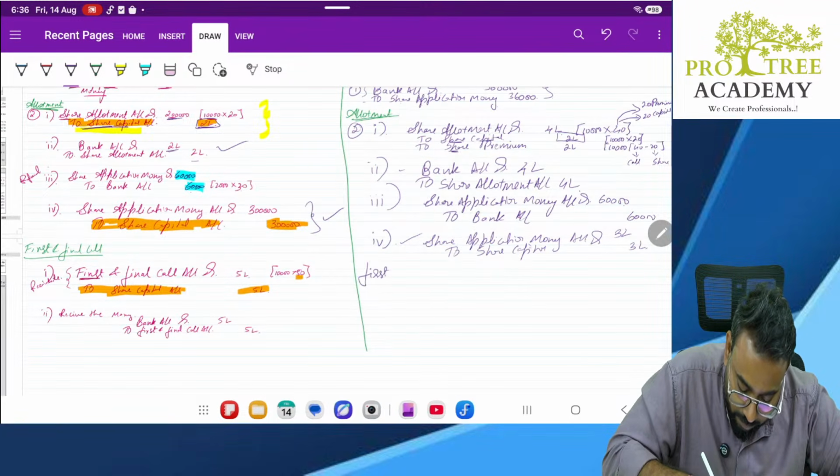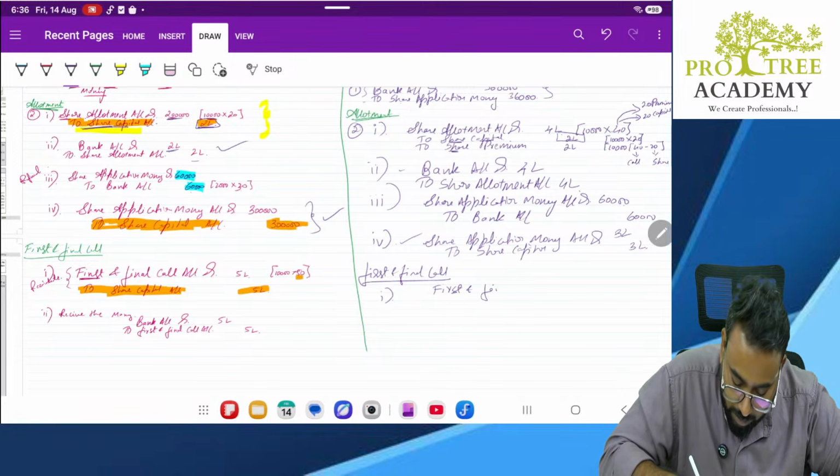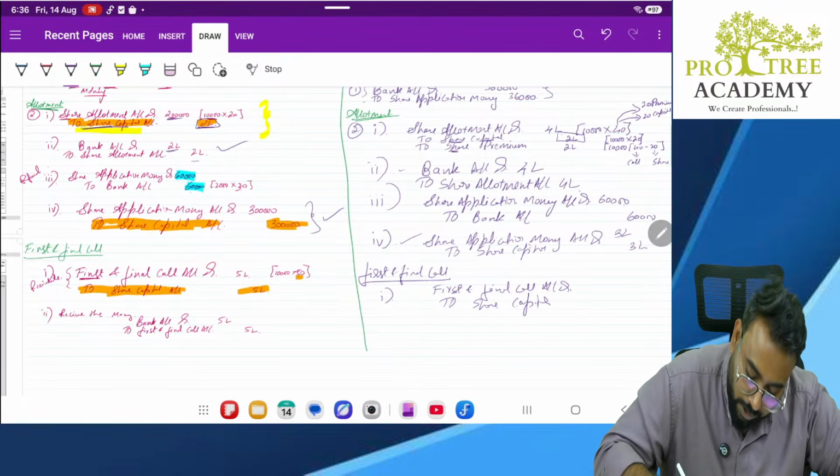Next, first and final call. When you make the first call, what is the entry? Same entry, sir. First and final call account debit to share capital, 5 lakhs.